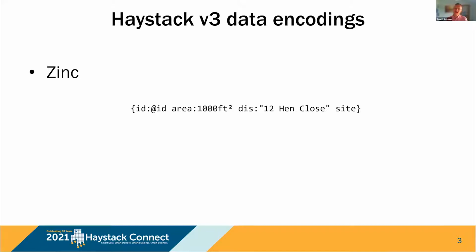It just denotes the fact that it is a marker tag. So Zinc is custom made for Haystack. It can't be used outside of the Haystack community, but it is nice to read. It's a very precise data encoding, but it's not something that is beyond the Haystack community. So it depends what you like there on what you want to use.